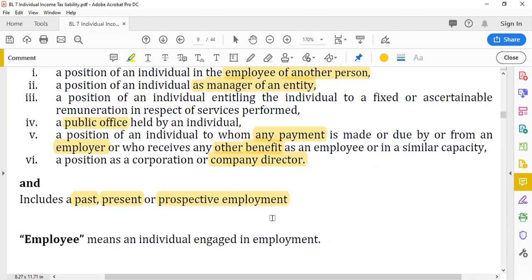Anyhow, in future he may get an appointment in that organization or entity. At that time he will be in prospective employment. Income from prospective employment, future employment, is also treated as employment income.